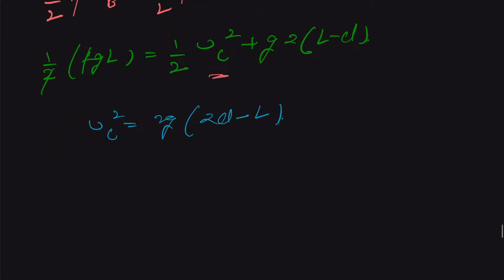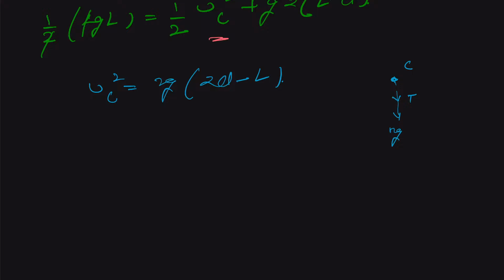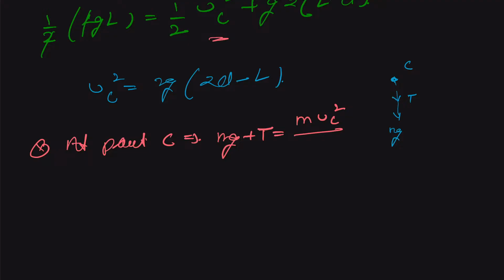And at point C, so this is our point C, at point C in the downward direction we are going to have our mg, and there will be tension T also in the downward direction. Okay. Therefore we can say that at point C we can write that mg plus T will be giving us the required centripetal force, that is m Vc square upon r.